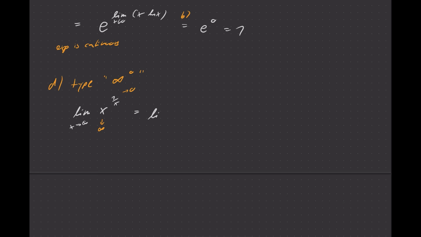And again, we use this reformulation by saying, well, this is e to the power of ln of this here. So let me write that out once more. e to the power of ln of x to the power of 1 over x, like this. And that in turn is equal to e to the power of 1 over x ln x.